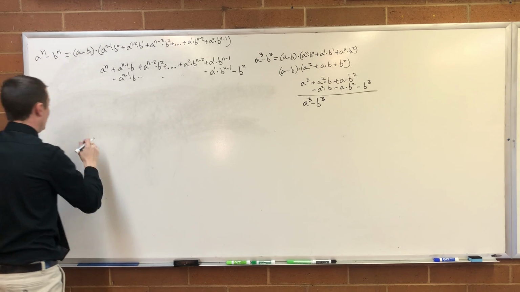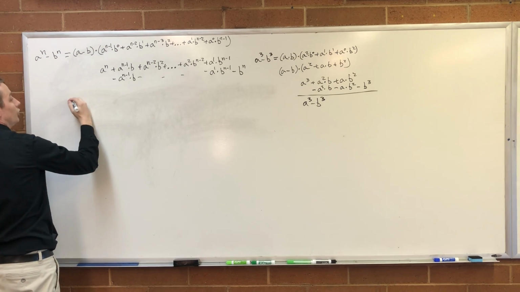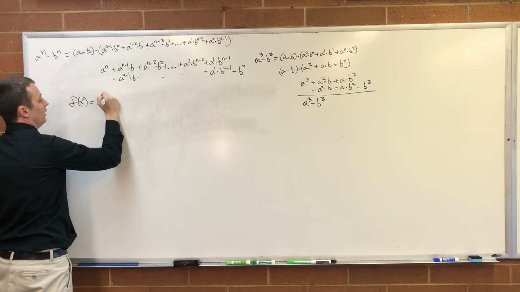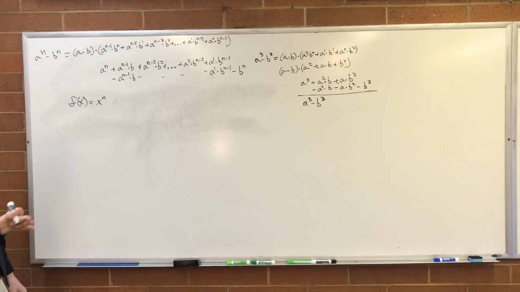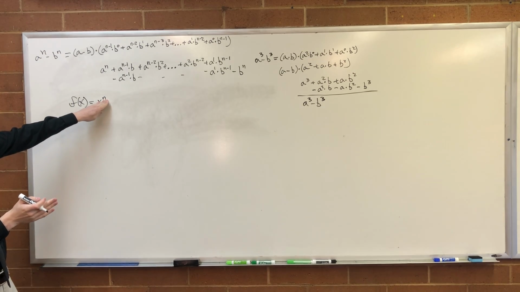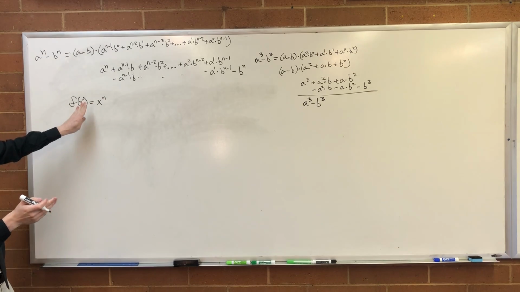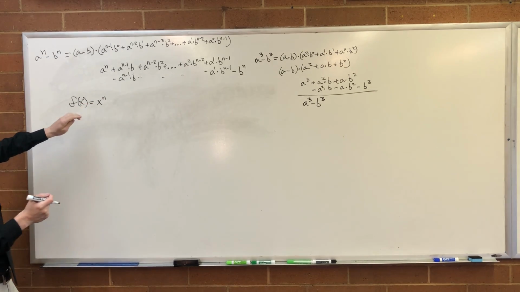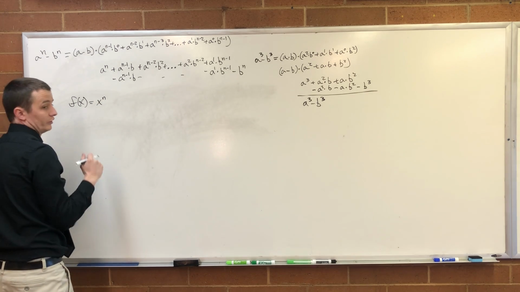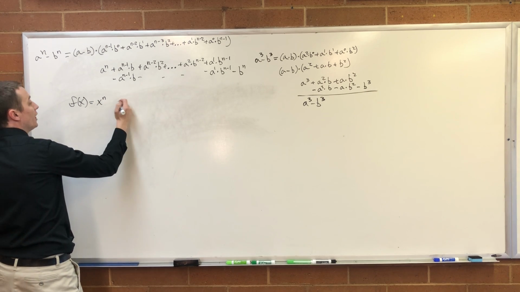So if f of x is equal to x to the n, x to any integer power, what's the derivative? Pick any number you want right there, plug it in. That's what we're figuring out.